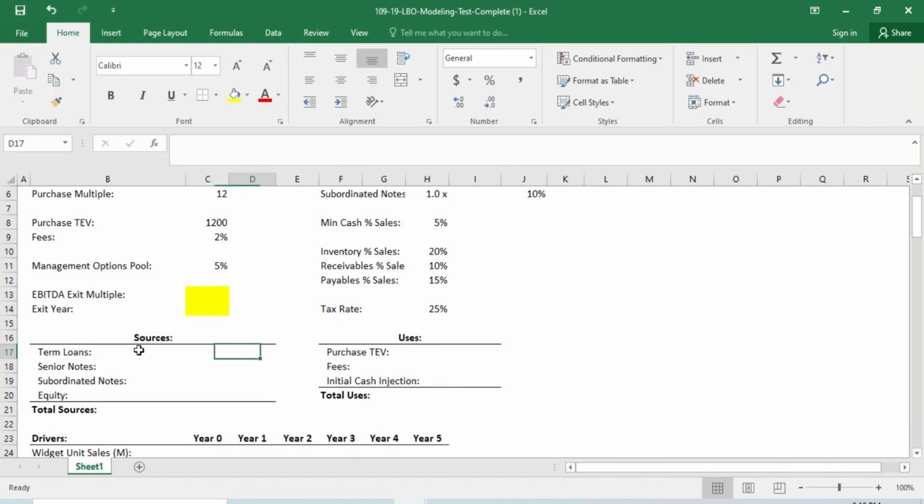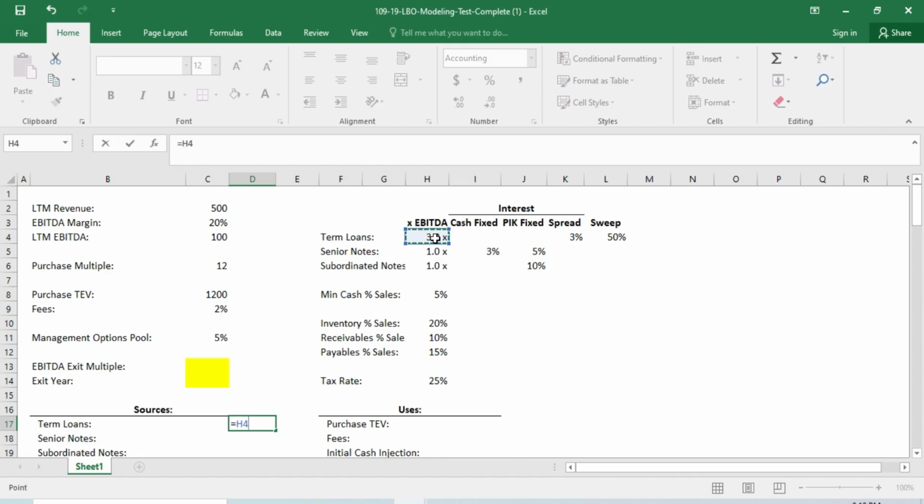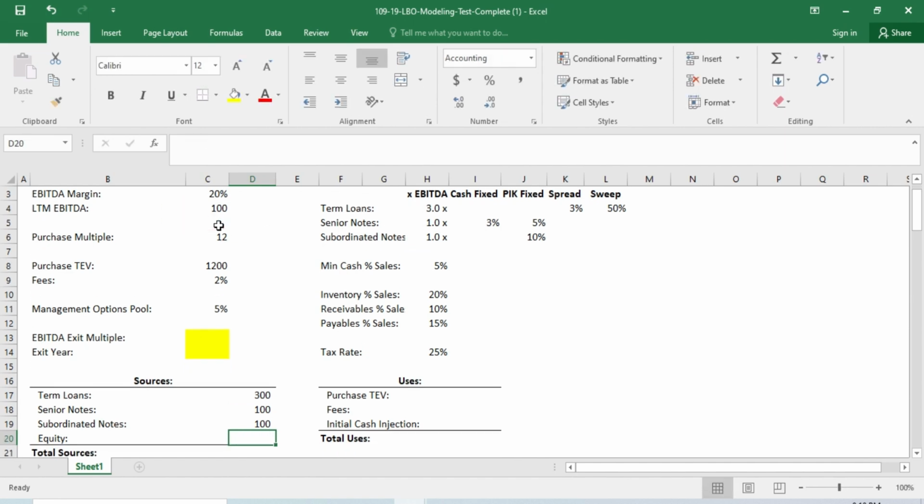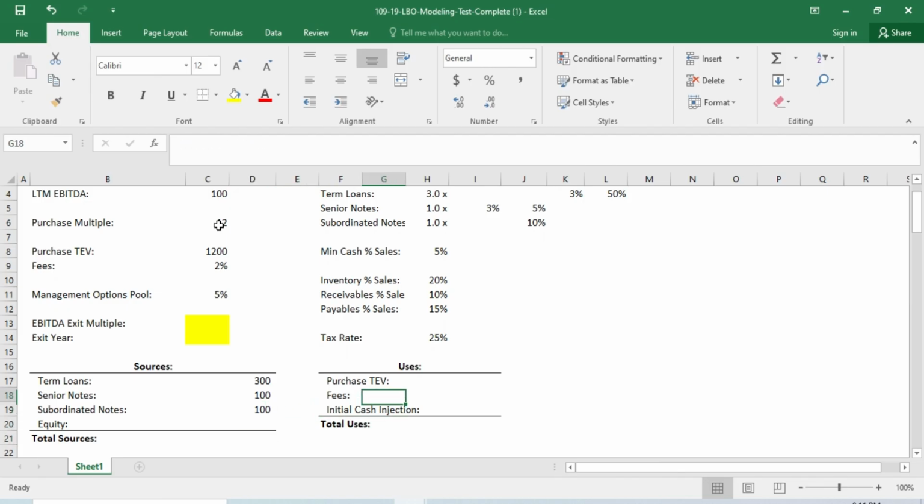First, we will analyze the sources of funds. Sources of funds will be term loan, 3x EBITDA, then senior notes, 1x EBITDA, then subordinated loans, 1x EBITDA, and the remaining will be equity. Purchase value is just 1200.